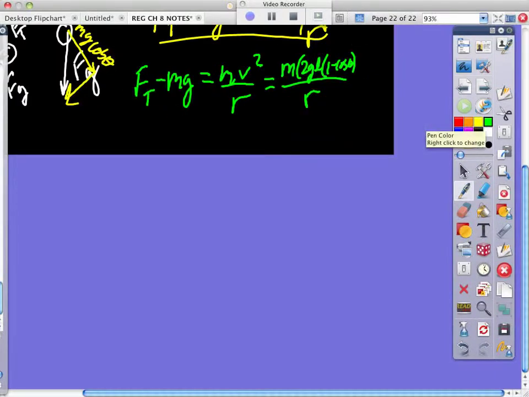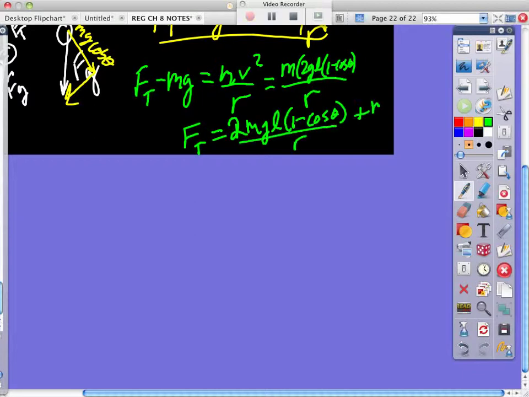That brings us, because then this we can move over, so the force of tension is just going to be 2mgl times 1 minus cosine theta over r plus mg. You guys okay? Does this work? Questions?